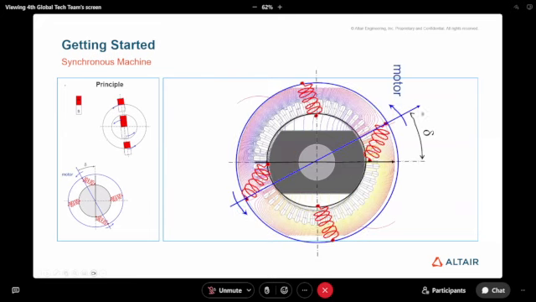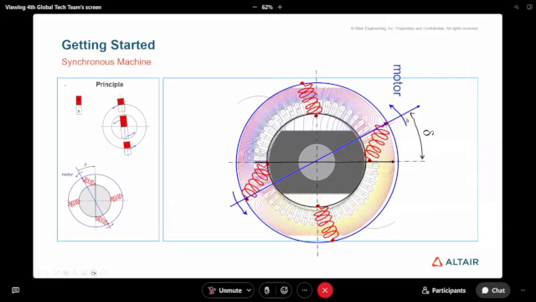Then we are going to talk about this control angle. Why? Because if you remember, we said that if the rotor is aligned with the magnetic field of the stator, this is where we have maximum magnetic flux and minimum energy, and then minimum force or zero force, and then zero torque. So the more angle you have between the axis of the stator magnetic field and the axis of the rotor, the more torque you have.